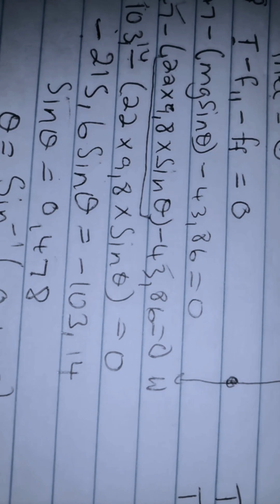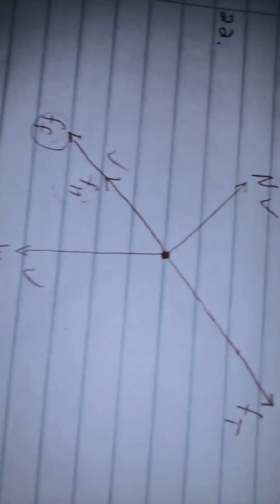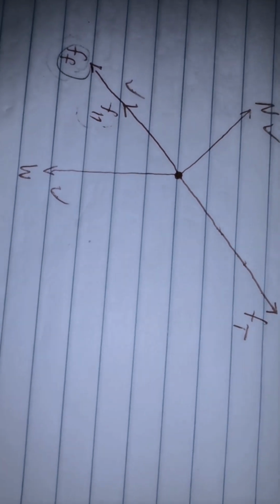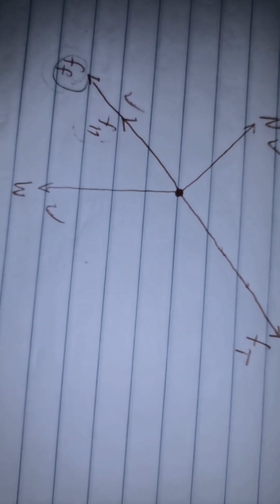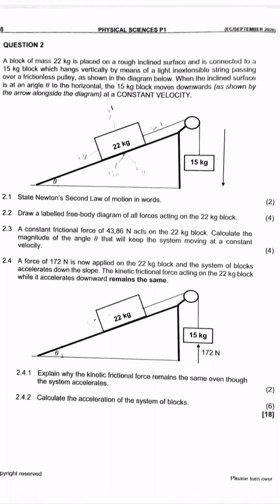Now 2.4.1. After you've read the statement, remember the last statement on 2.4 said to us that the kinetic frictional force acting on the 22 kg block while it accelerates downwards remains the same.